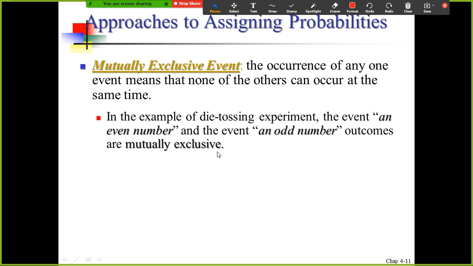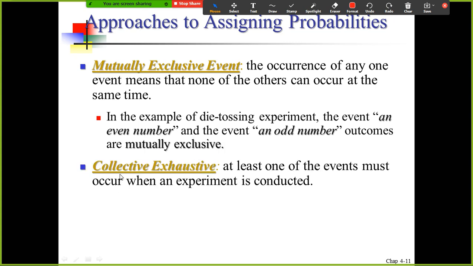When the die stops moving, if we see the number 1 face up, then an odd number is face up, and an even number cannot be face up. Or when an even number is face up, an odd number cannot be face up. That's why even number and odd number are mutually exclusive.